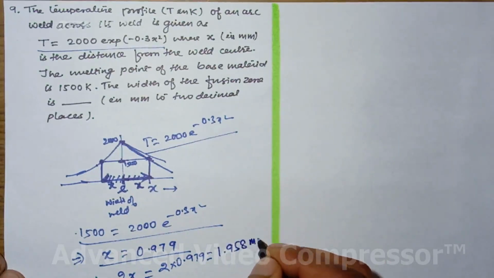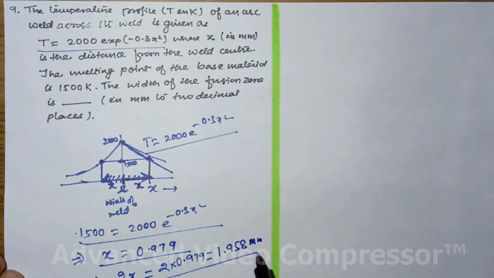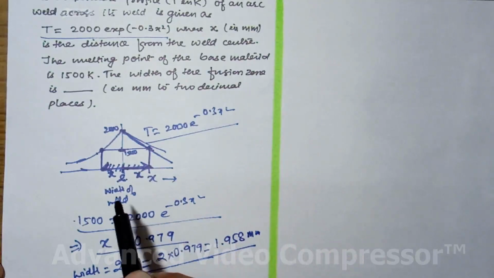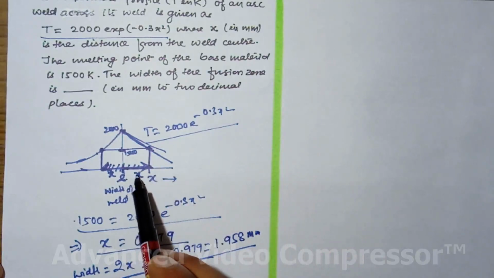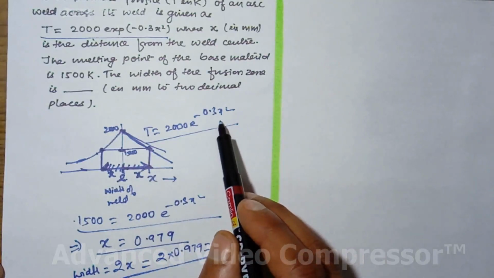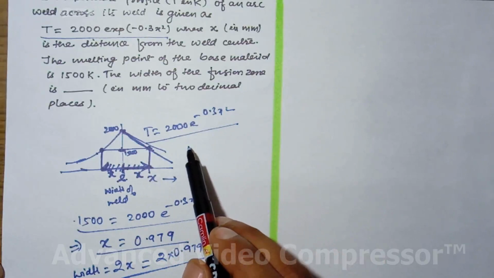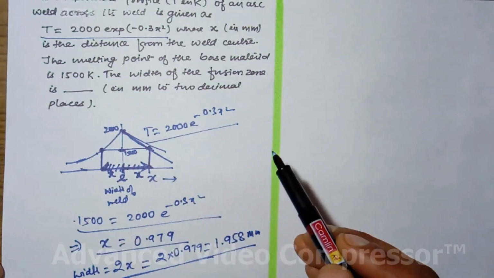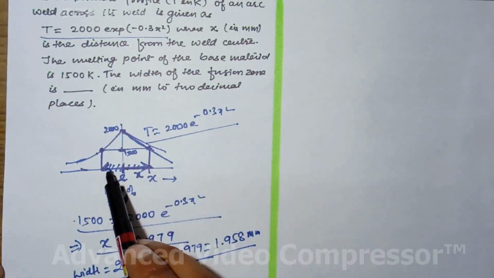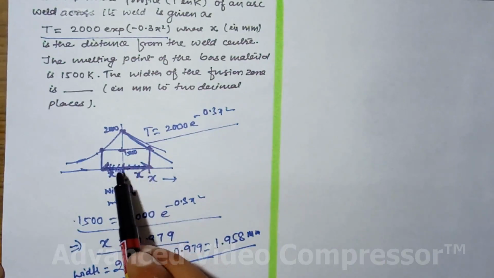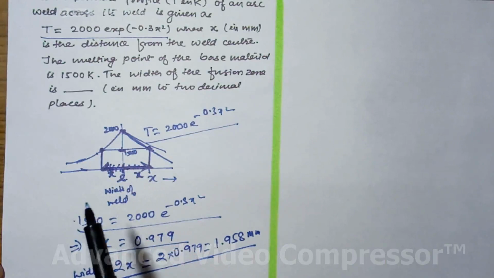Okay, so in this question it was asked the width, and here we have to calculate first the x at which 1500 Kelvin is met, and after that we have to multiply it, because the total width of this weld zone will be twice the value of x. Okay, so hope this will help you.